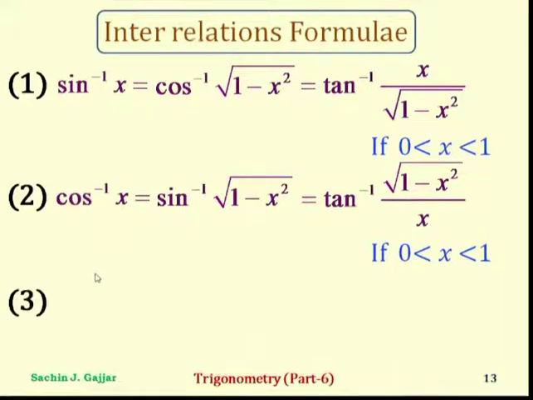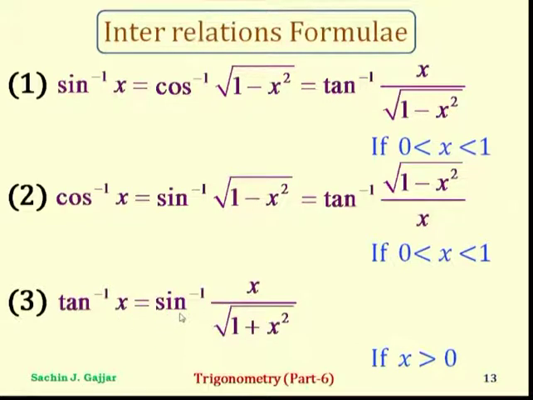Okay. Now last one, if x is greater than 0, means x is positive, then tan inverse x equal to sin inverse x upon square root 1 minus x square. Or if we want to convert tan inverse in cos inverse, then tan inverse x equal to cos inverse 1 upon square root 1 plus x square.